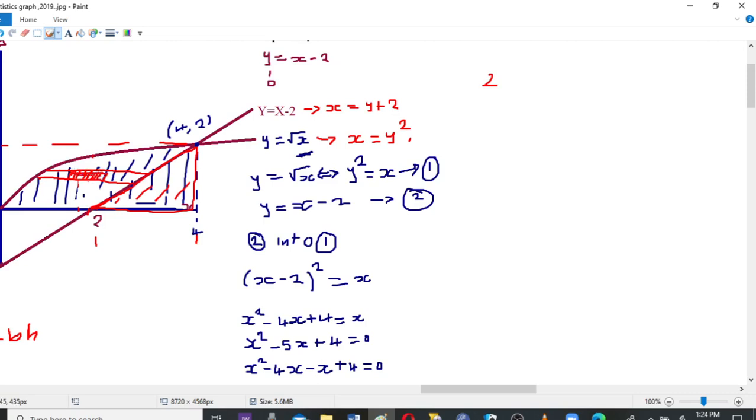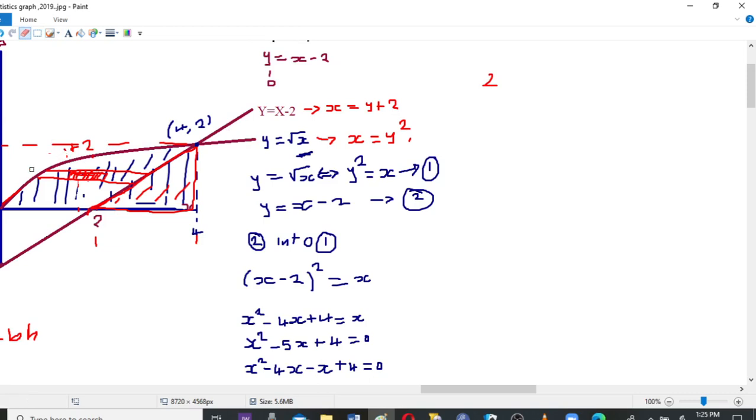So using the horizontal bar strip, we are coming from the curve x is equal to y plus 2, which has changed now, to this line here.